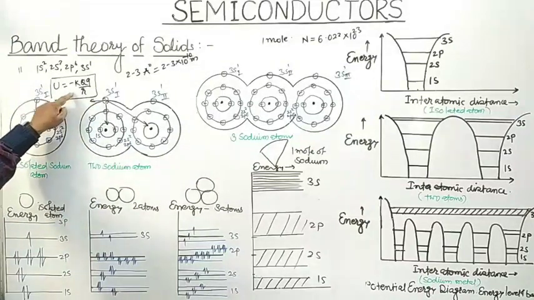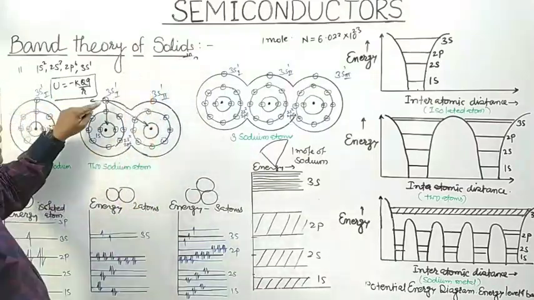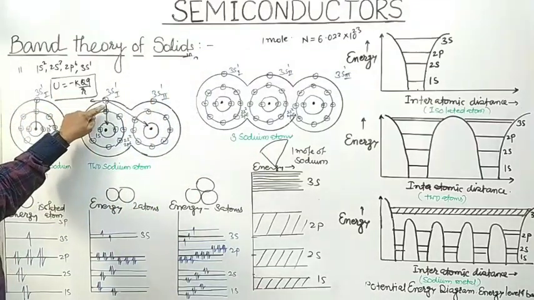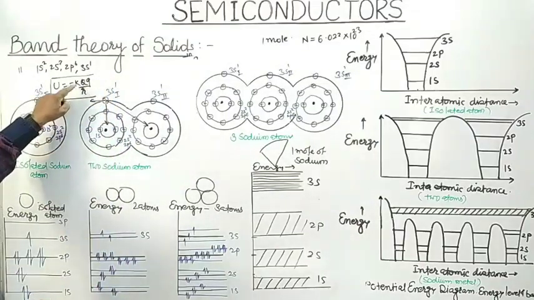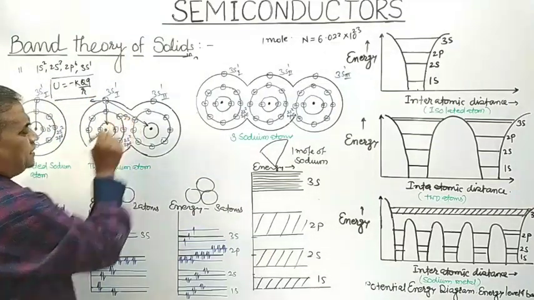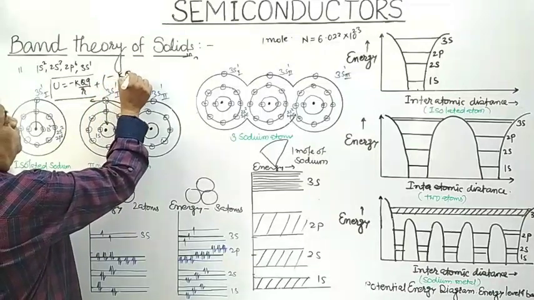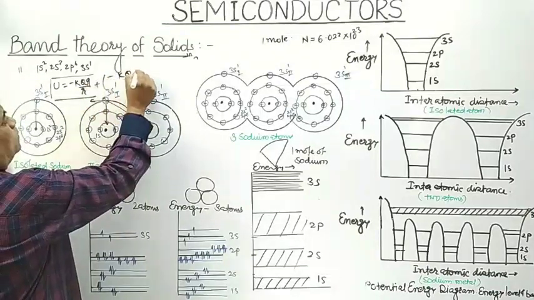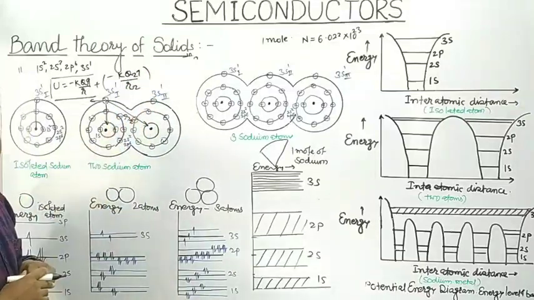Initially this electron has this much potential energy. Now when atoms come close to each other, the potential energy of this electron is equal to, already this electron has potential energy minus kQq divided by r. If I say this distance is r, then plus or minus kq2 into q divided by r2. This distance is r2.